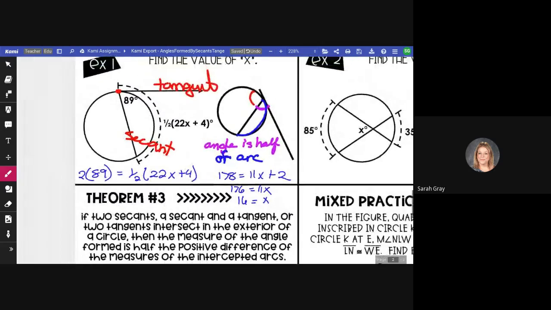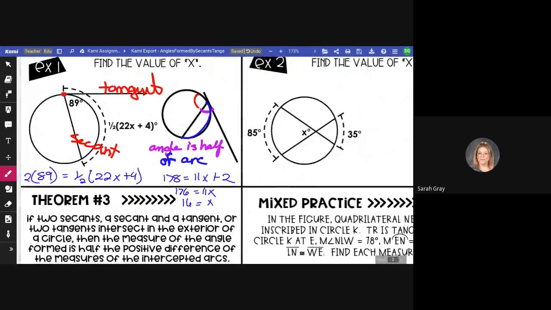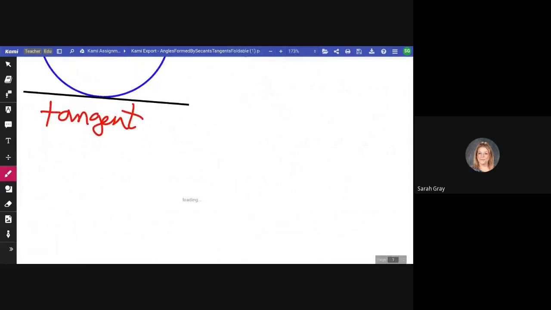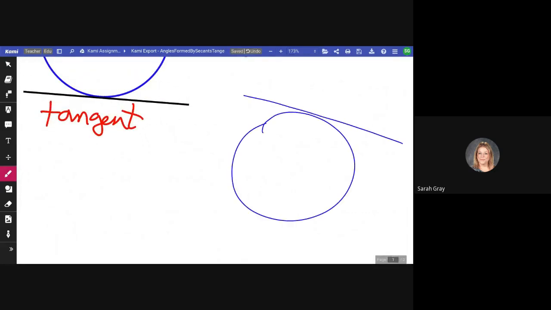So it works a lot like it did when we had inscribed angles. I thought the same thing at first because it had the 1/2 on it. Yeah, it was just part of their expression.